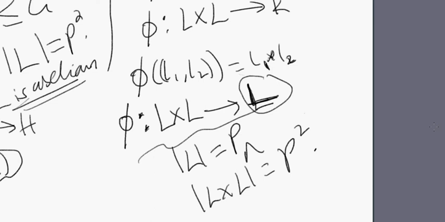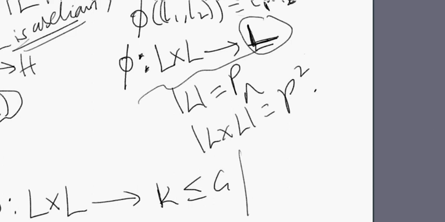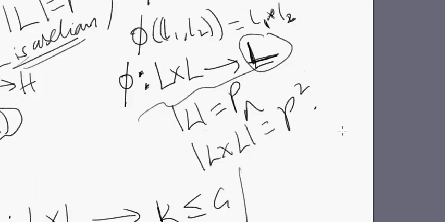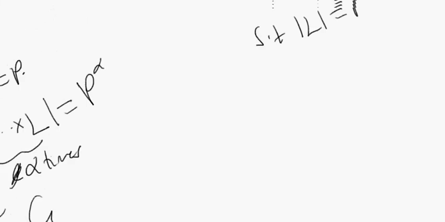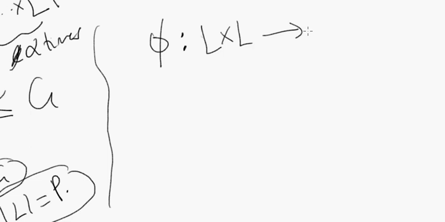And so this approach, again, at least the obvious isomorphism, what we think of as the obvious potential isomorphism of going from (L1, L2) to L1 times L2, doesn't seem to be helping us. So perhaps, right, perhaps we need to think of another isomorphism. What isomorphism can we construct between L cross L and some subgroup K of G, right?